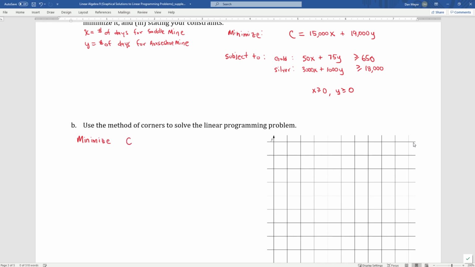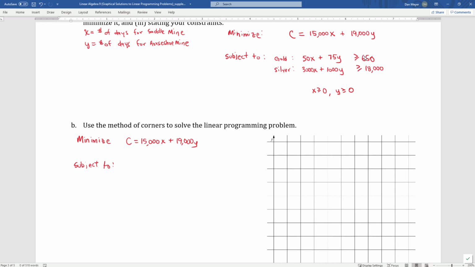Minimize this cost function, 15,000x plus 19,000y, subject to. Now I'm going to take this opportunity to simplify a couple of these constraints. For example, everything in the first inequality is divisible by 25.